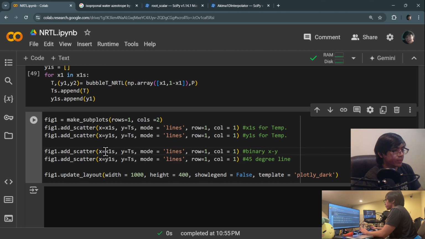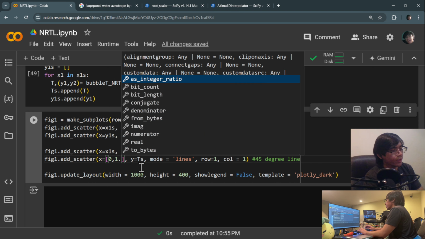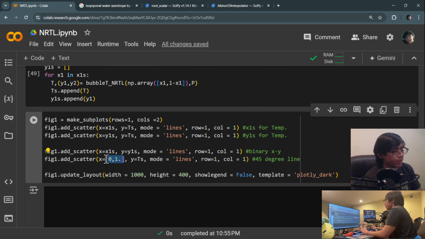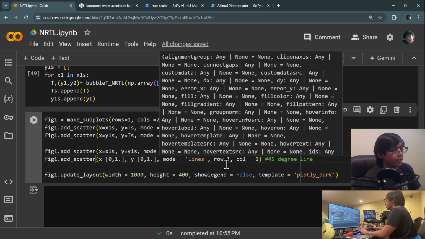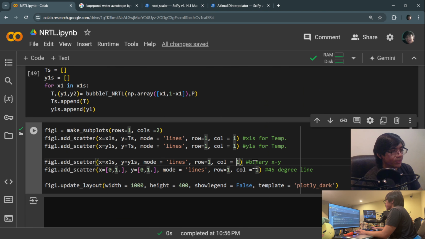So start here. Honestly, we just make this y1s. And then the other one is a list, a tuple of our points. So we want to go 0 and 1. And copy paste that, so we have 0, 0 and 1, 1 for our xy. And I just realized I need to make them on the second column.